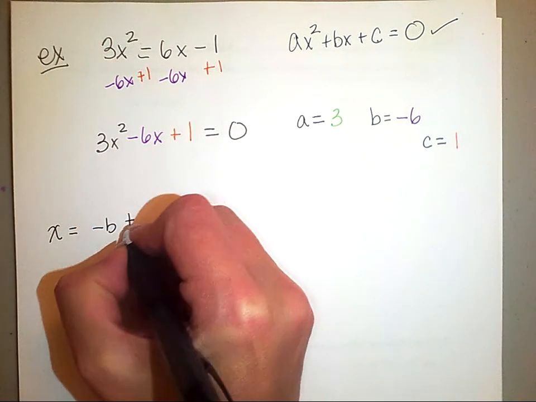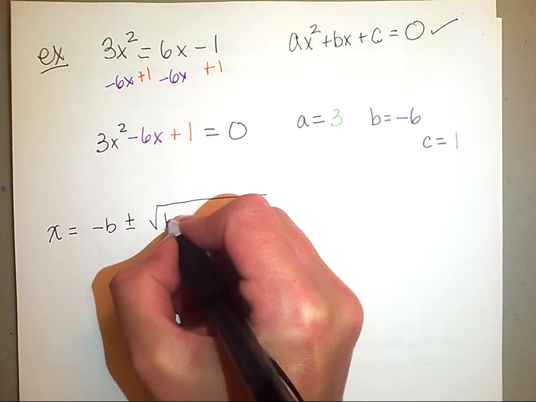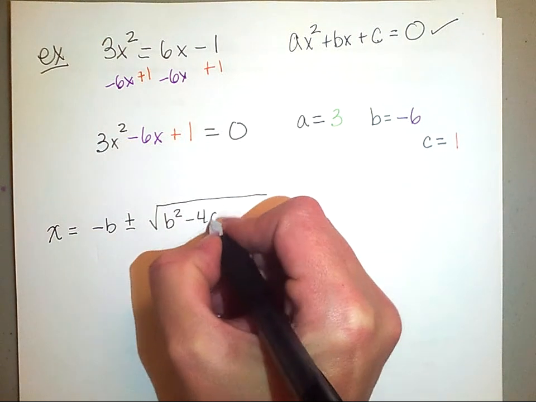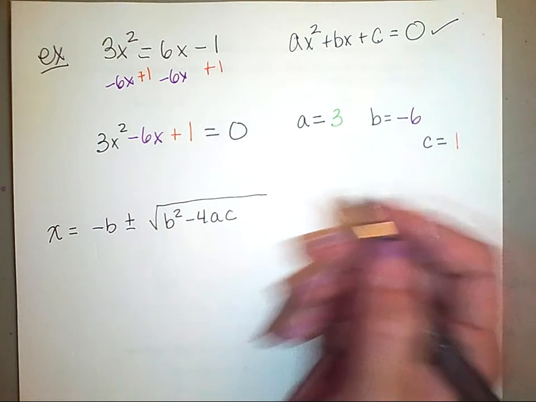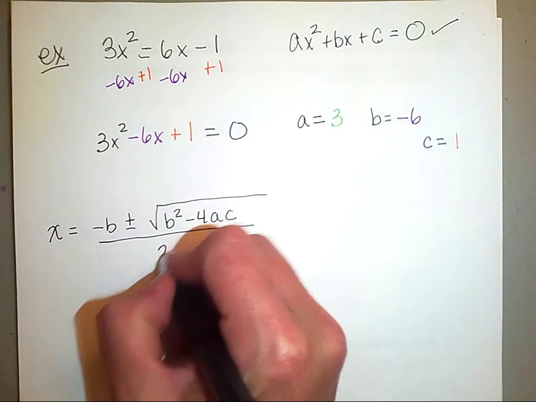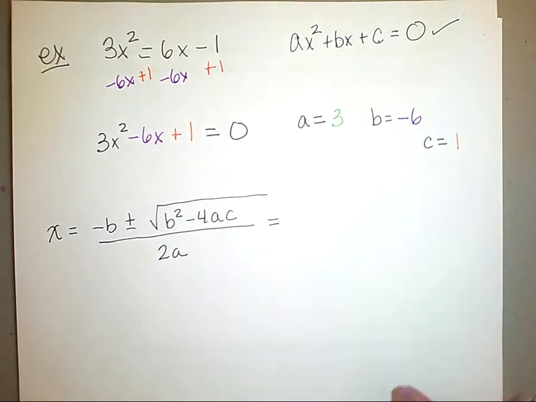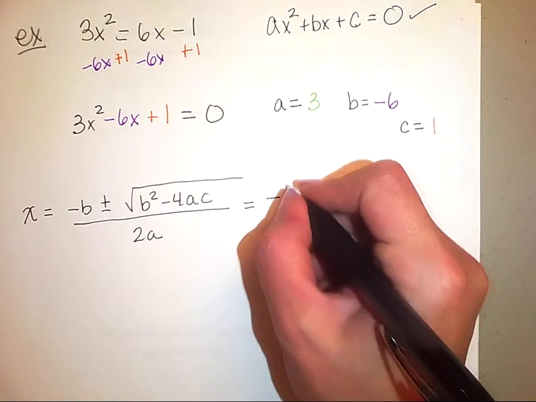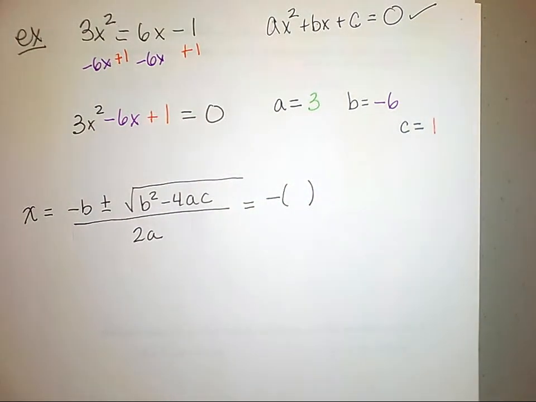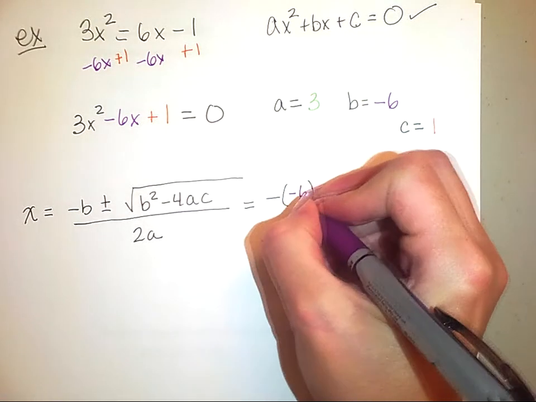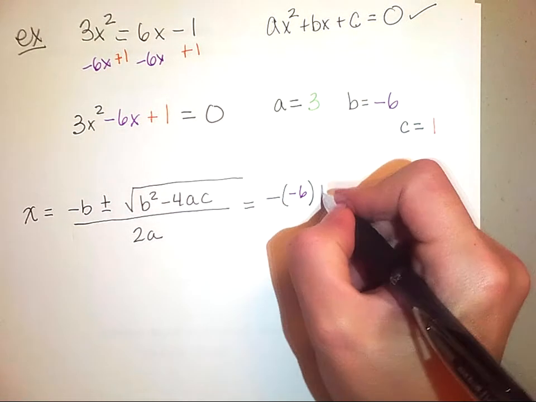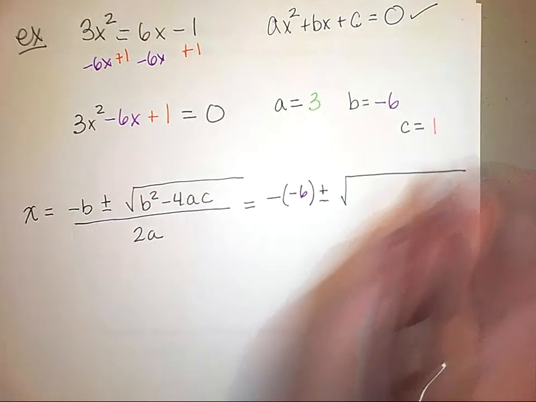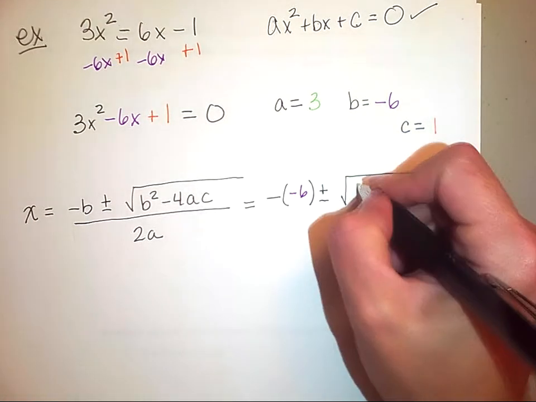Okay, so let's begin solving. x is equal to negative b plus or minus square root of b squared minus 4 times a times c, that entire thing divided by 2a. Now let's begin substituting. Okay, so we have a negative b, so we substitute in 6, and plus or minus the square root.